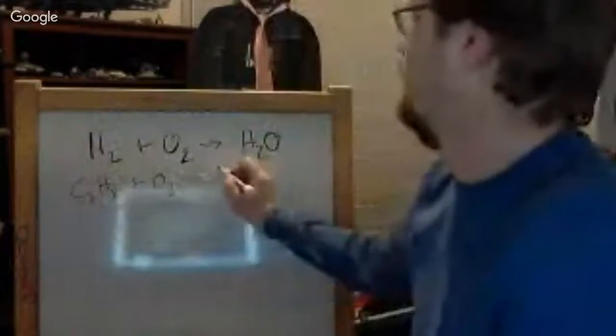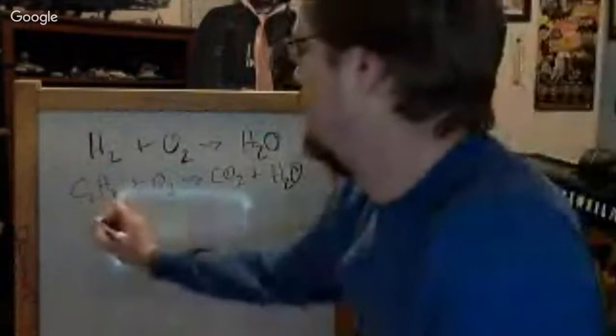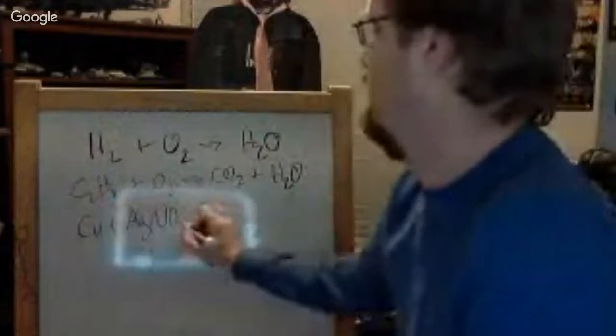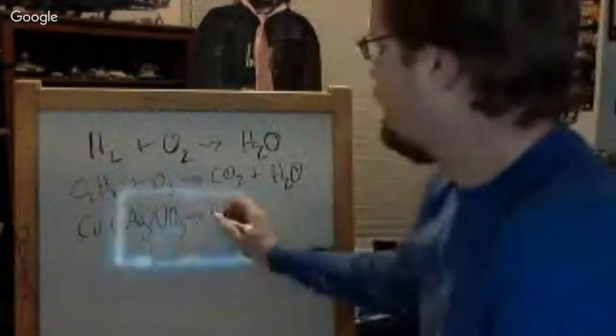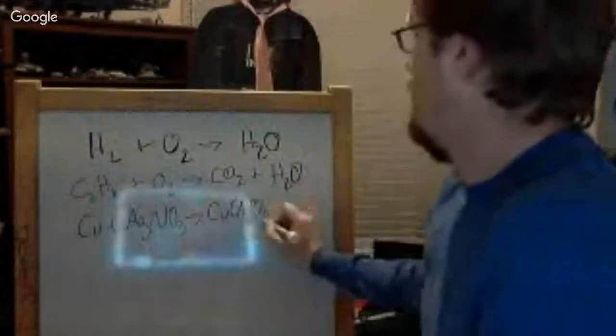6 plus 2 yields CO2 plus H2O, and then copper plus silver nitrate gives copper plus silver.